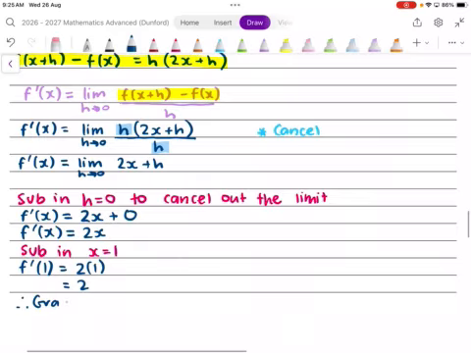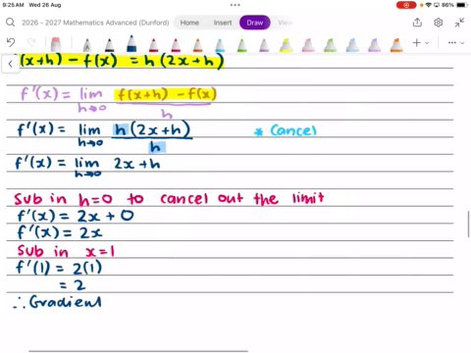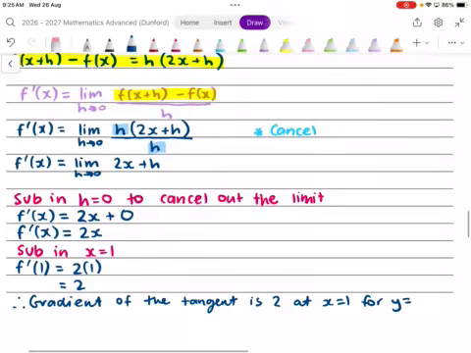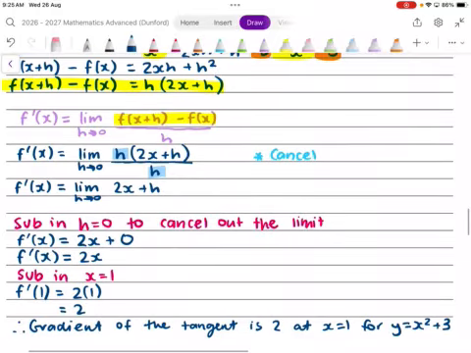So therefore, the gradient of the tangent is 2 at x equals 1 for y equals x squared plus 3.